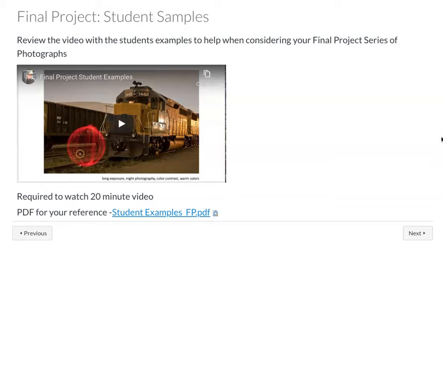Think about what kind of message you want to communicate in your images, where you're going to take them, if you're going to get someone to help you, what kind of lighting. It's a good time for you to revisit some of the concepts that we've explored over this course, and then make photographs that reflect some of the concepts that you've learned.